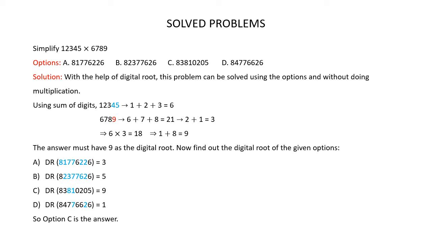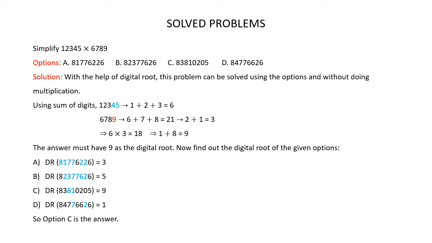Let's look at option D and find the digital root of 84776626. Here 7 plus 2 is 9, so you can ignore those two digits. 8 plus 4 is 12, 12 plus 7 is 19, 19 plus 6 is 25, 25 plus 6 is 31, 31 plus 6 is 37.